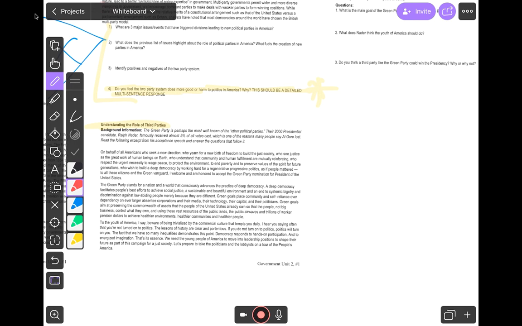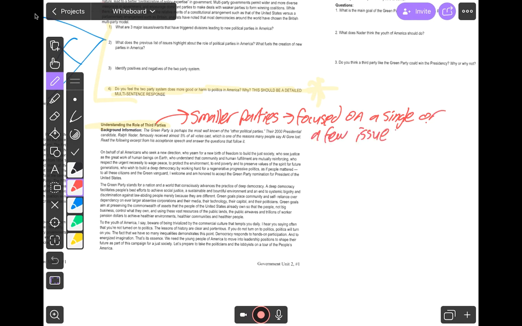And if we talk about the Democrats and Republicans being a two-party system, third parties are smaller political parties, and they usually are focused on a single or a few issues. Okay, so we have a lot of third parties in the United States. You're going to be introduced to the Green Party in this reading, but third parties usually are focusing on a smaller amount of issues, and they are advocating for those issues.